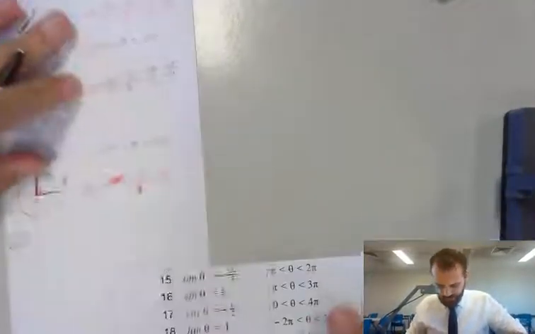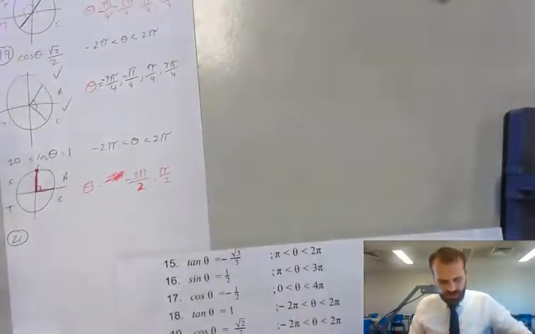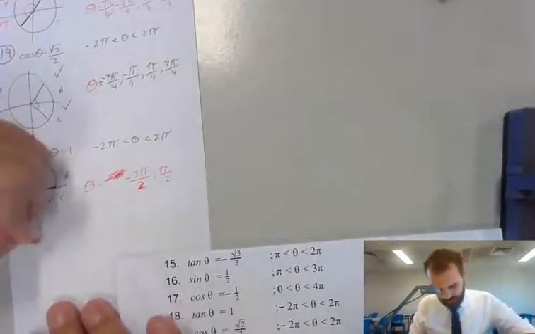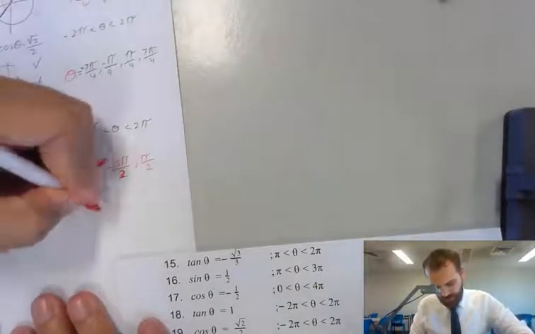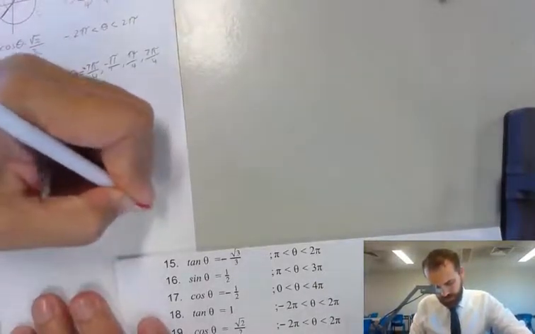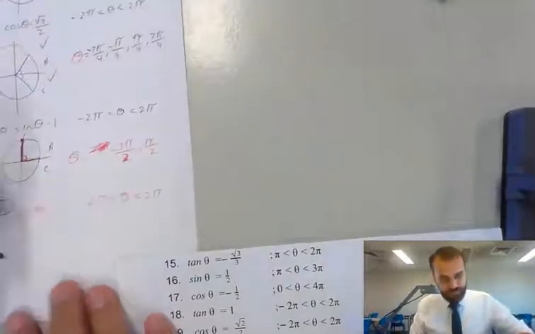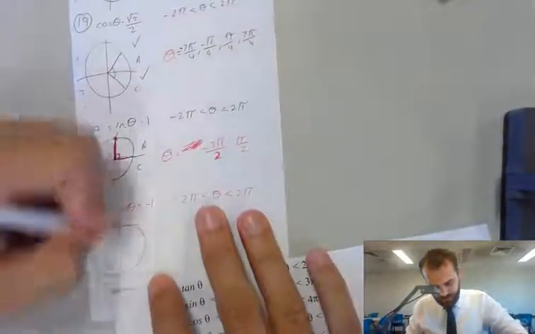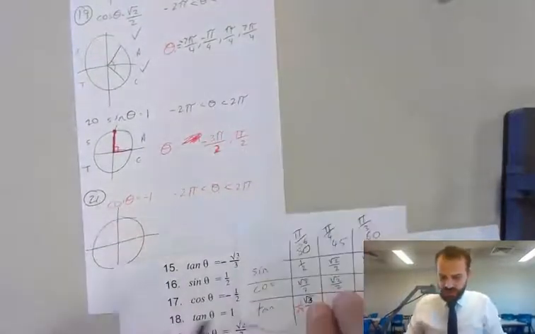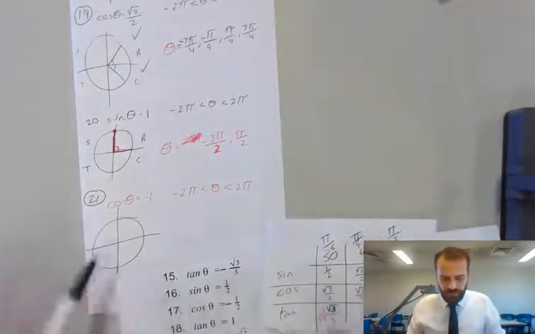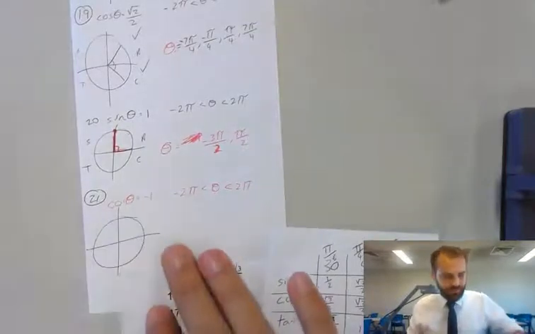21. Cosine theta equals negative 1 between negative 2 pi and 2 pi. Alright, so you should notice that this is going to result in the same kind of thing. Cosine theta is equal to negative 1.